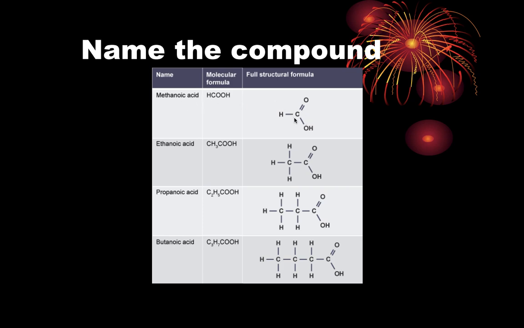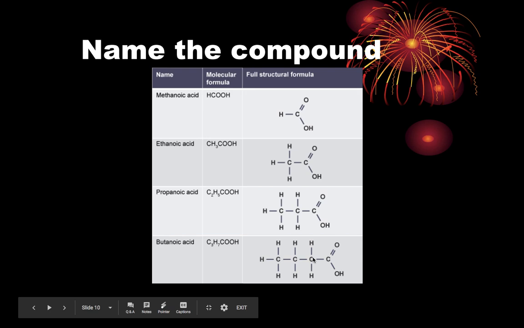So this is meth, the root word for one carbon, so this becomes methanoic acid. Two carbons, this becomes ethanoic acid. Three carbons, propanoic acid. Four carbons, butanoic acid.